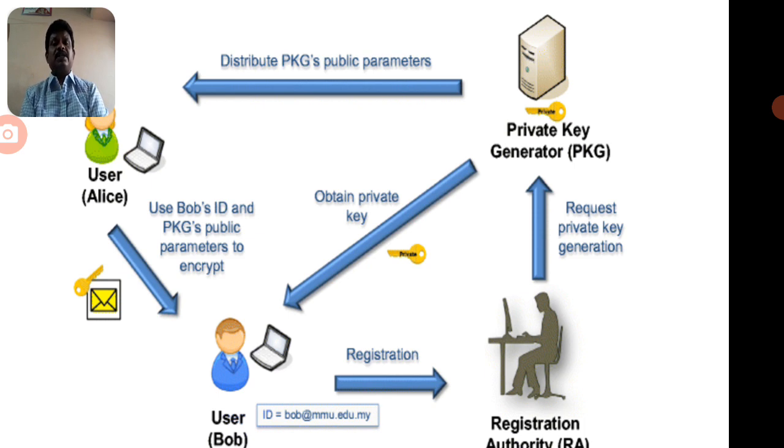For example, suppose we have a mail ID and a password. Once we forget the password, we immediately request the server to get the password. The server takes the role of the authority, the certificate authority.